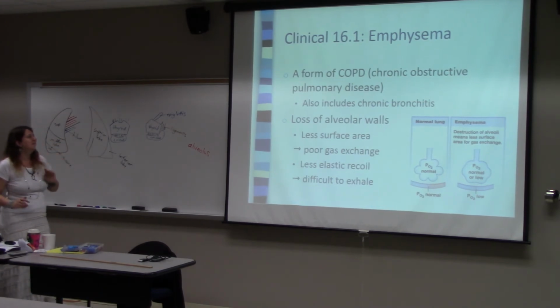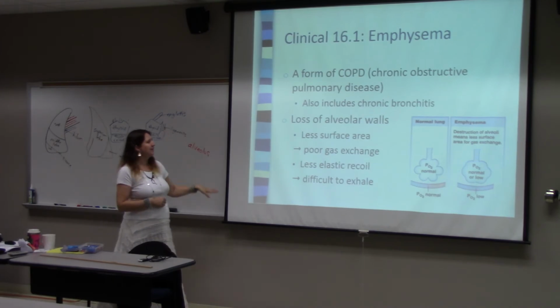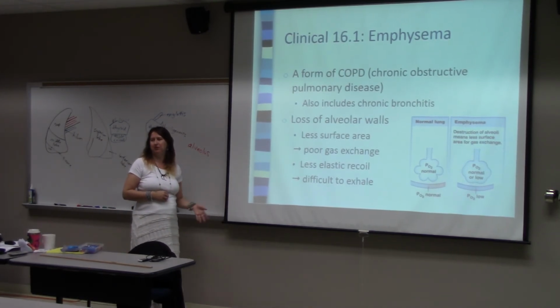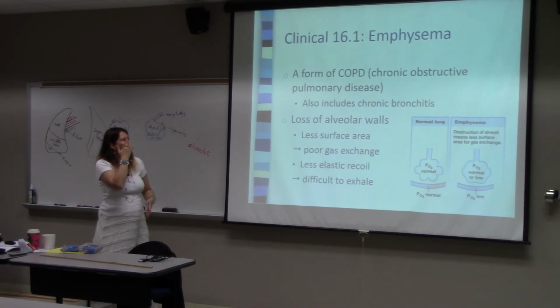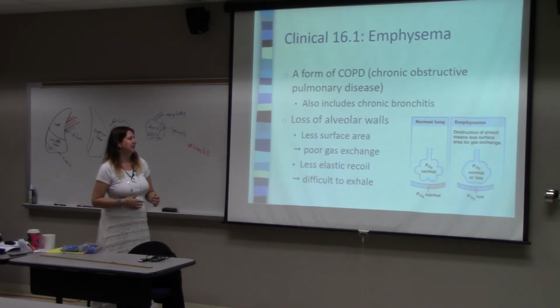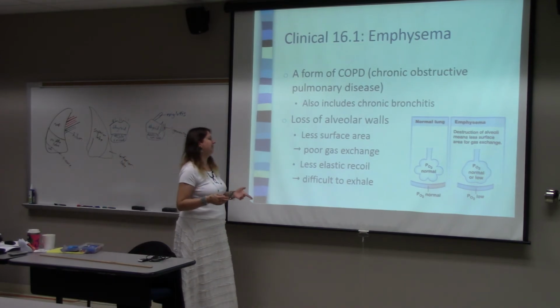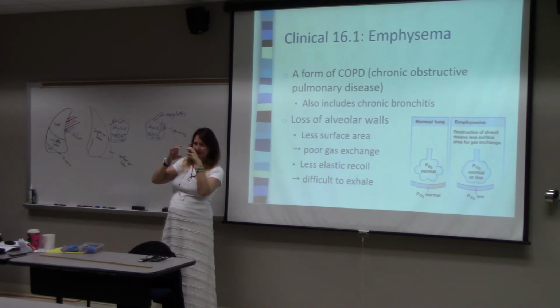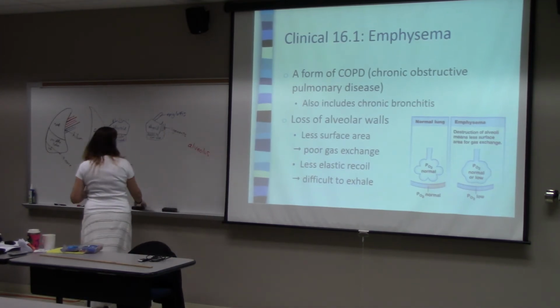Emphysema is a form of COPD, which is chronic obstructive pulmonary disease. Chronic bronchitis is also a form of COPD. Somebody might have both or just one. What happens in emphysema is losing walls of alveoli. They combine together.